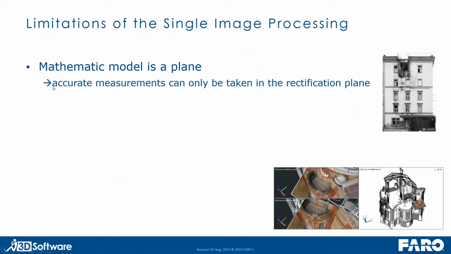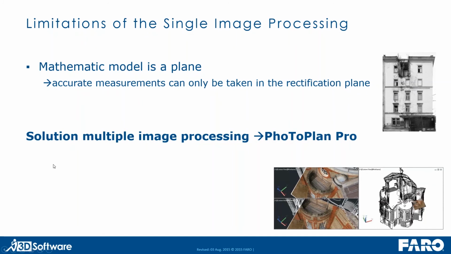So we can only take accurate measurements within this rectification plane, and all parts of the object which are outside the rectification plane will not be projected true to scale. So this is the limitation of image rectification, which I've demonstrated.